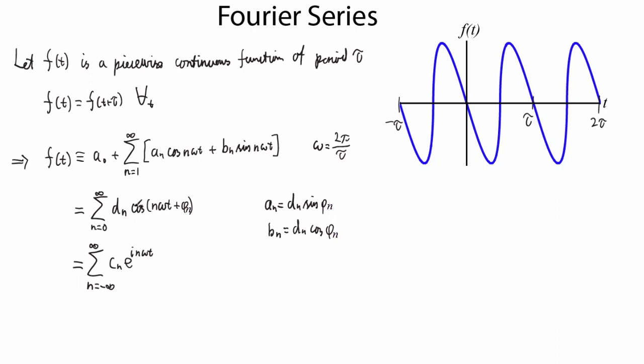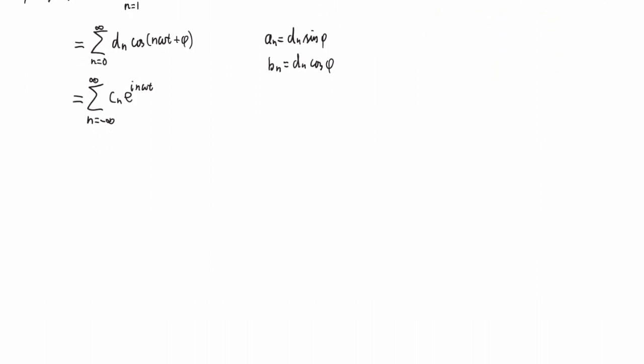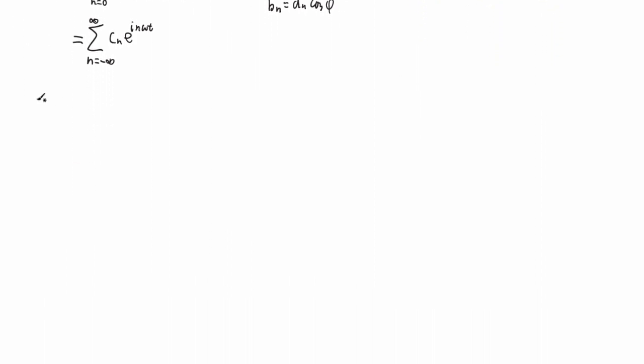As you also know, we can find the a's and the b's, and by extension also the d's and the phi n's, by using the following relationships we can show. But I'm not going to do it here.